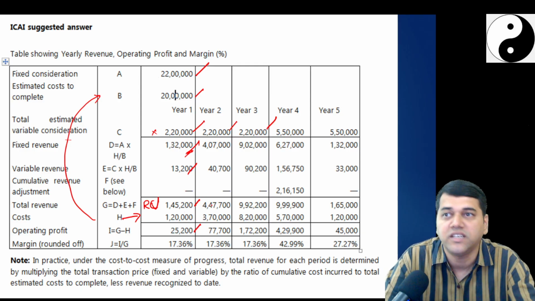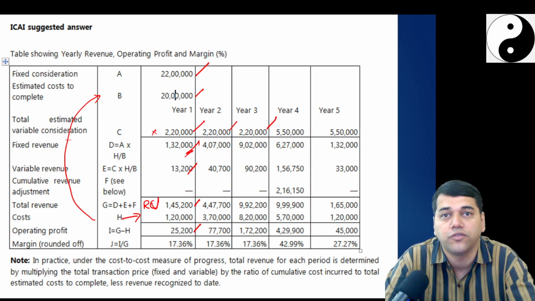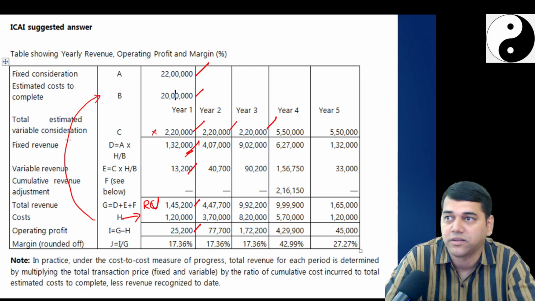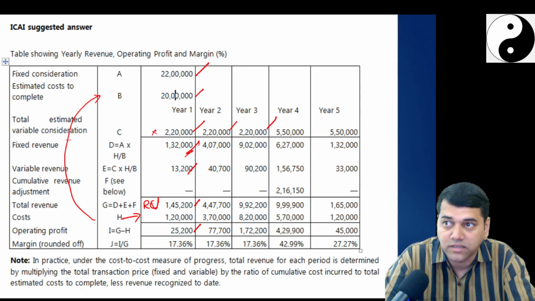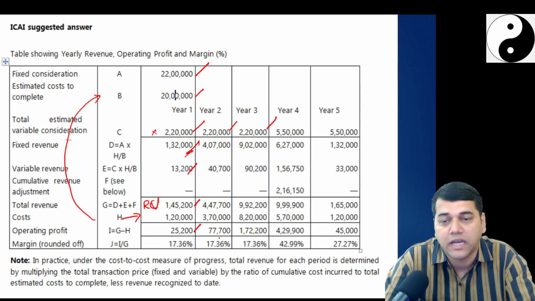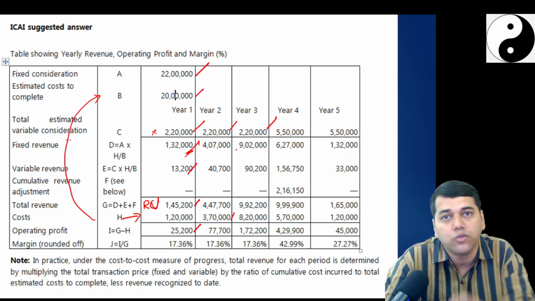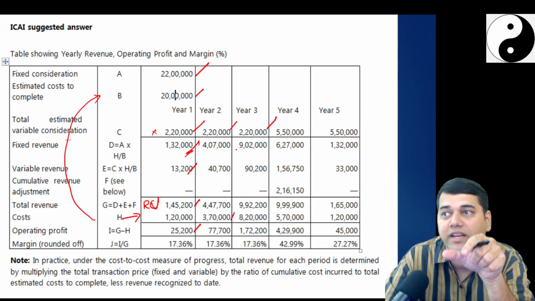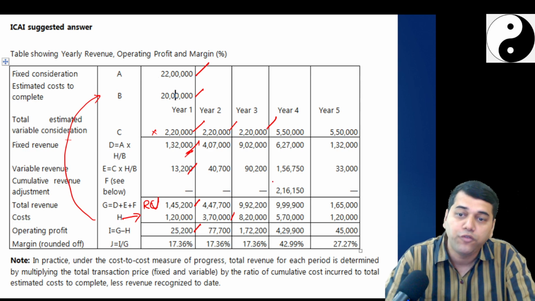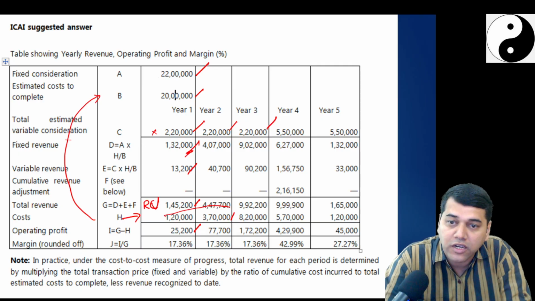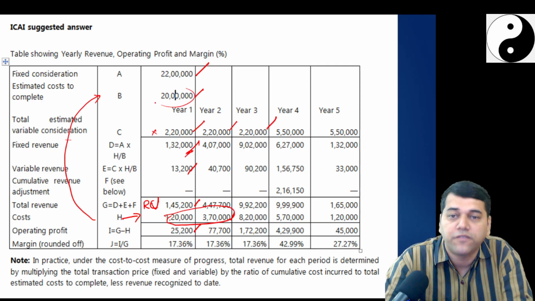See, first year, it doesn't make any difference which method you follow. Both methods are the same. But when it comes to the second year, the difference is going to happen, because in the second year you have to take 3,70,000 by 20. That means only how much was completed during the second year, not YTD. If you are looking at YTD, then you have to take total cost divided by total estimated cost.